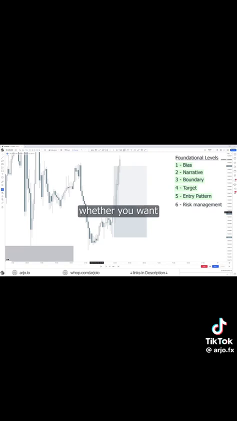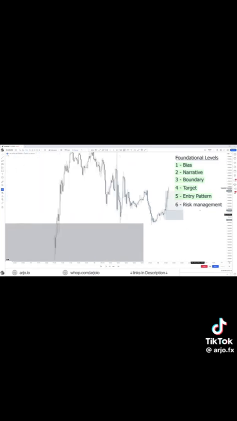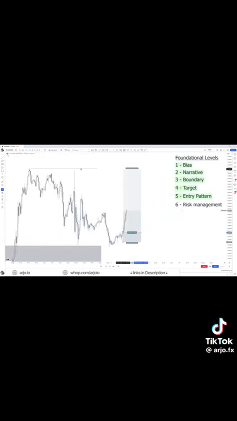You need to know whether you want to take partials. I personally, just to give you a quick insight, I don't take any partials. I don't like partials. I don't really see the benefit from them for myself. Of course, that is attuned to my own trading plan. Because if you are targeting very far and you're targeting a high RR, then I could definitely see, if we target that context high right there in the form of that swing high we determined on the daily, then I could definitely see why you want to take profits and why you would want to take a partial at 1 to 2.